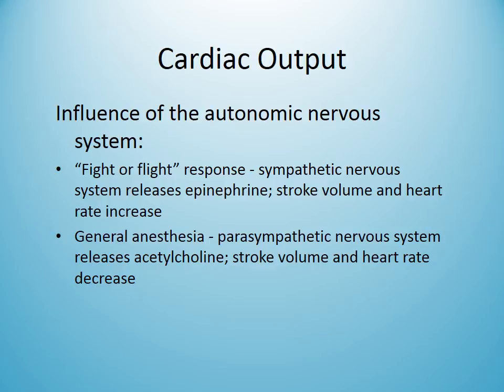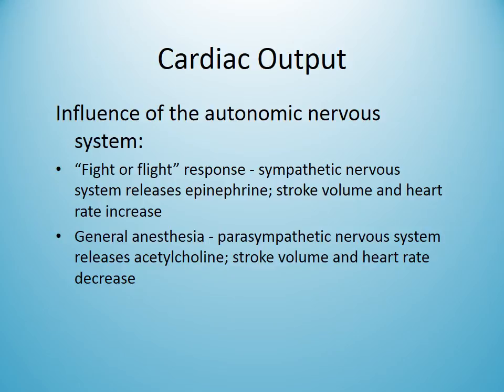General anesthesia can also affect cardiac output, where the parasympathetic nervous system. Now keep in mind with this fight or flight sympathetic nervous system, the parasympathetic nervous system is what returns everything back to homeostasis, brings everything back to normal. So during general anesthetic, the parasympathetic nervous system releases acetylcholine and the stroke volume and the heart rate actually decreases.